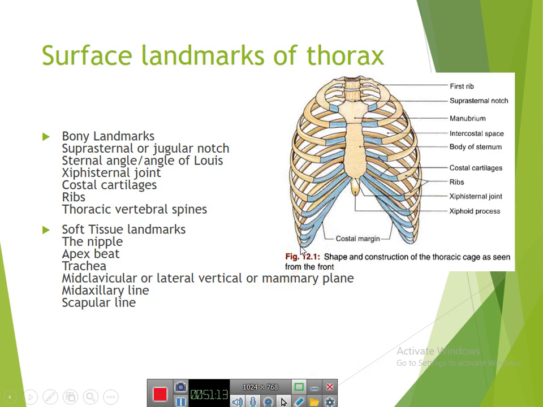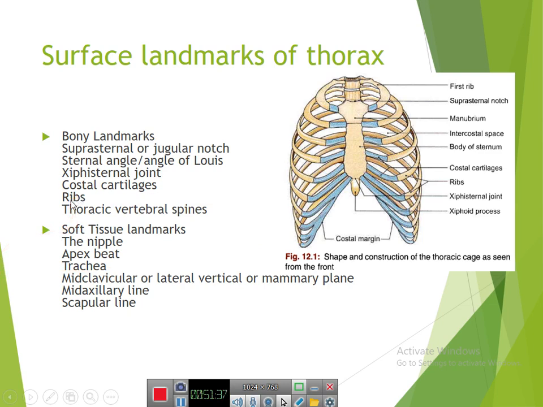Here is the 10th costal cartilage, the lowest part of the costal margin, and at the 9th costal cartilage we have the attachment of one of the abdominal muscles, called rectus abdominis.